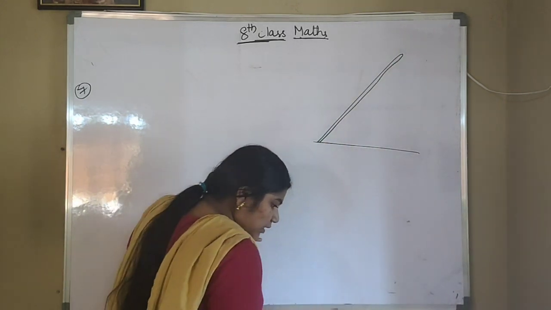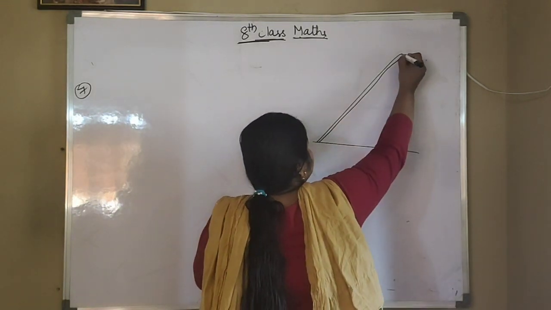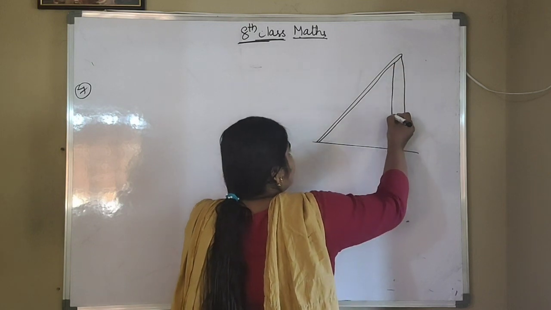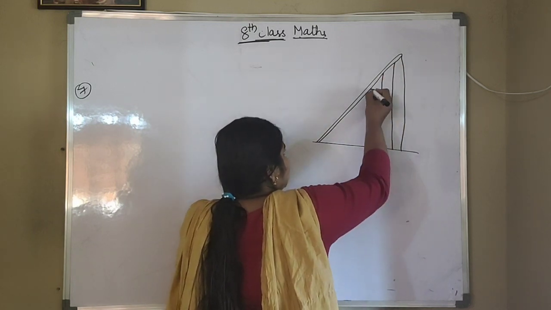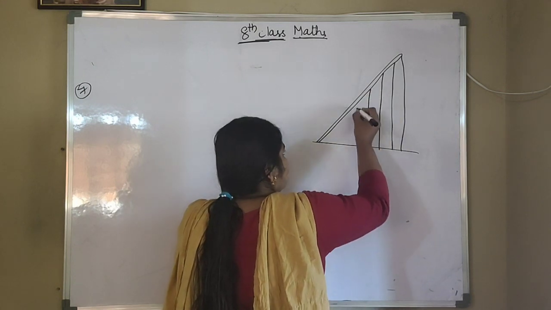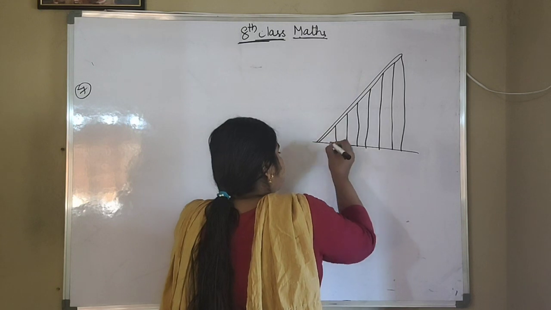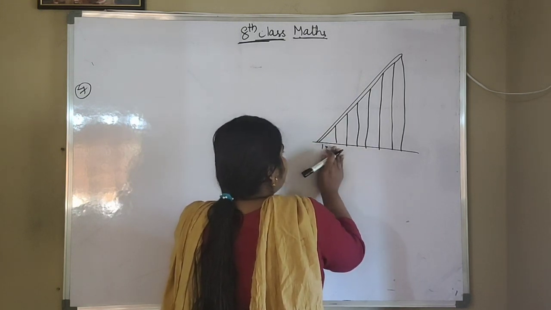How many pillars are there? 7 are there. The distance between each pillar is how much? 1 meter.